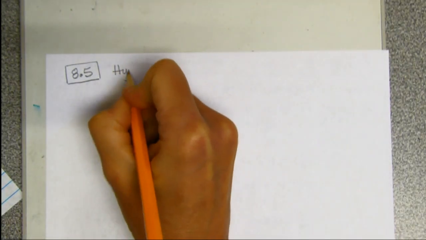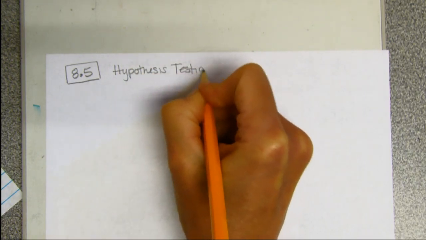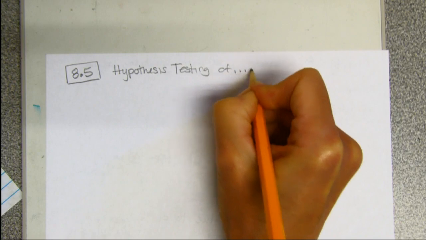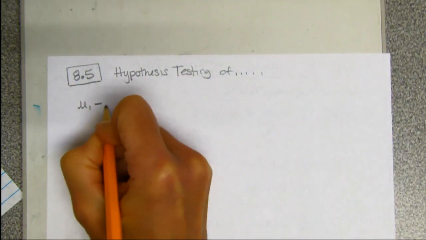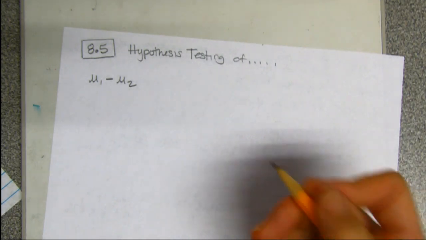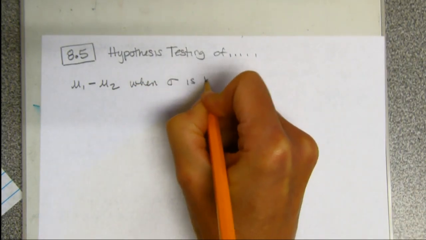This is hypothesis testing of mu1 minus mu2 when sigma is known.